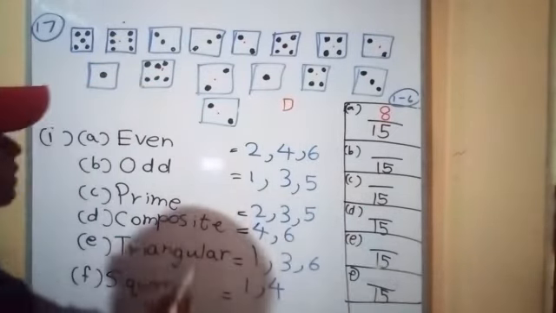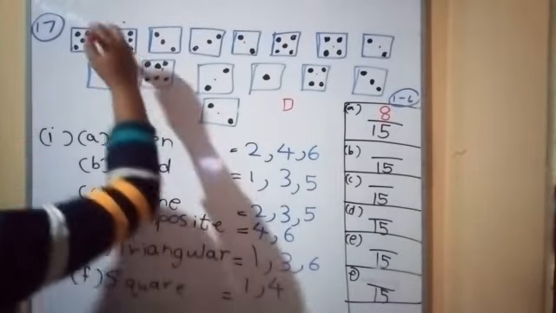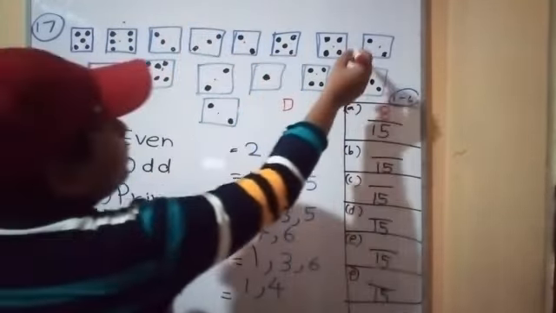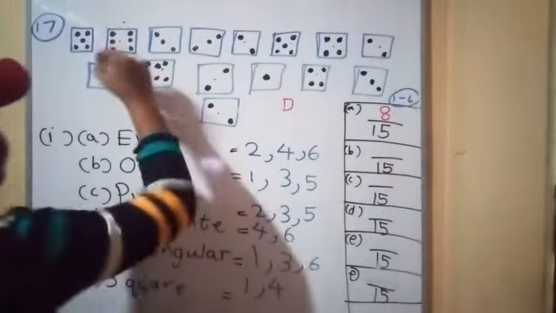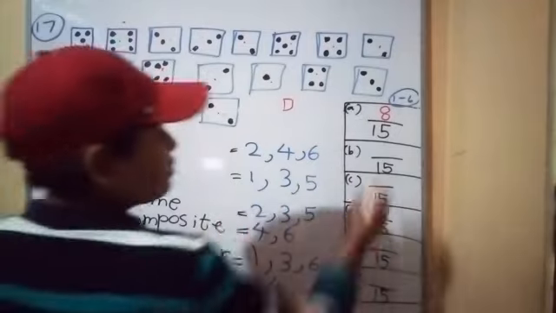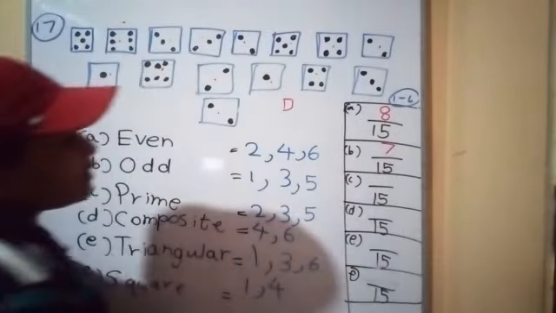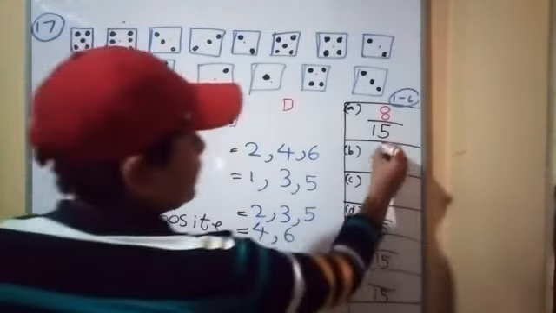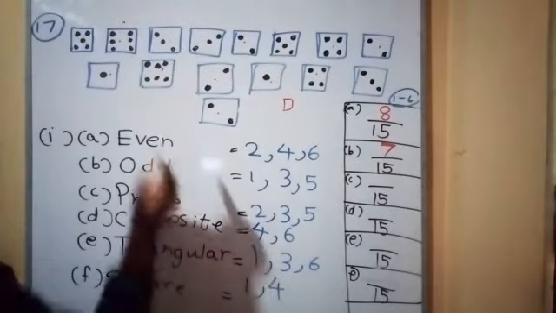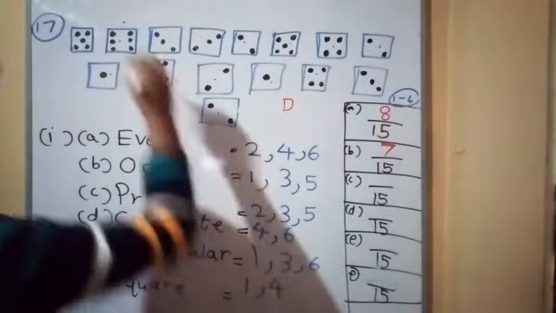Okay, the odd numbers: how many odd numbers are there? 1, 2, 3, 4, 5, 6, 7. There are 7, so you can write 7 over 15. C, prime numbers: how many prime numbers are there? 2, 3, 5.